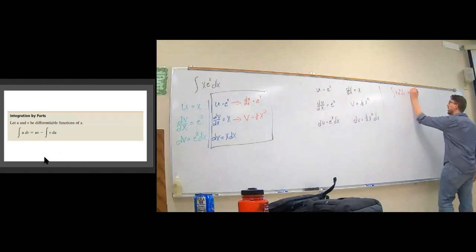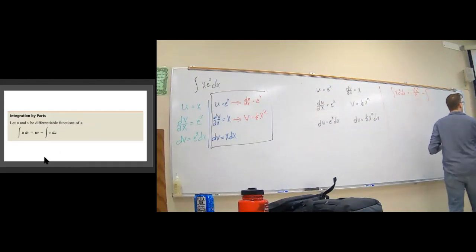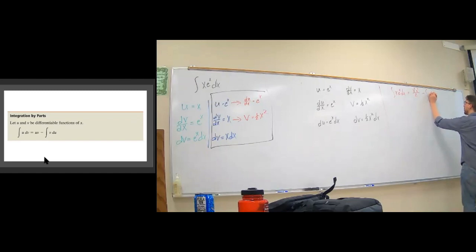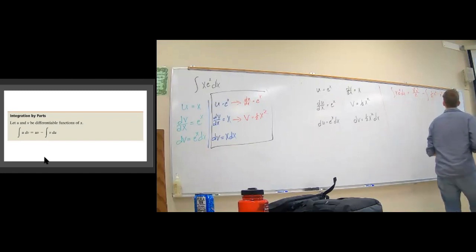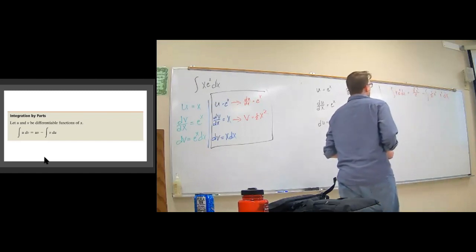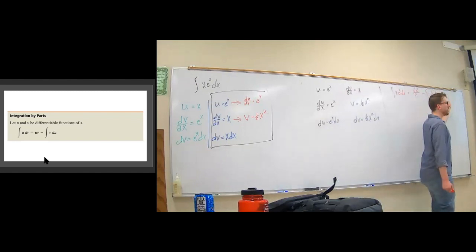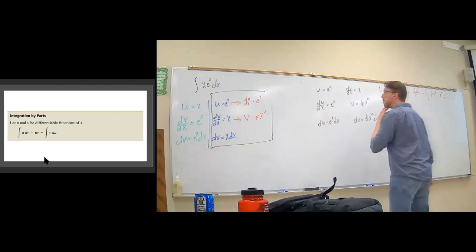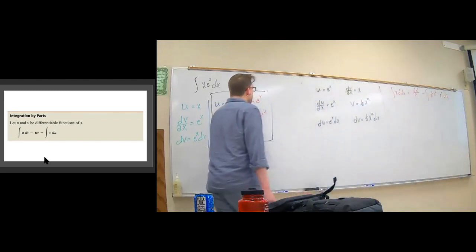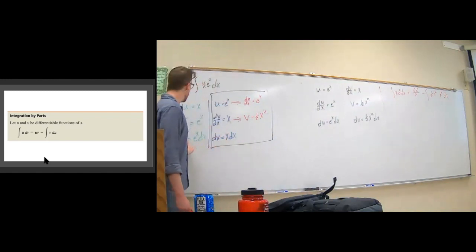So that is x squared e to the x over 2 minus the integral, v we said is equal to 1/2 x squared, and du is going to be equal to e to the x dx. But we still can't answer this integral, right? We still can't integrate that. So this wasn't the right one. But let's try the other one. Let's see what happens with that now.